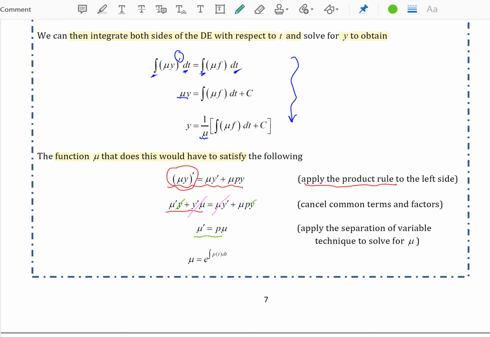If we now apply the separation of variables technique to solve for mu, then we would obtain, and I didn't write the steps here, but I was running out of room, but we can write them on the side here. This would be d mu dt equals p mu. Separation of variables would say divide to get the mu on the left, equals p dt.